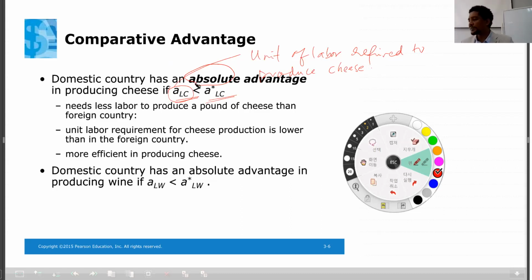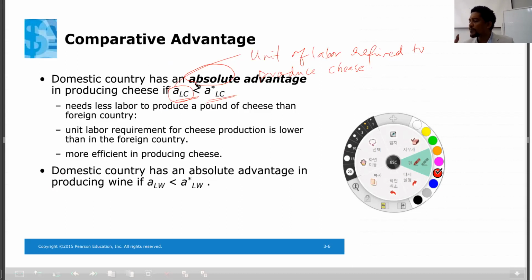So if the unit of labor required to produce cheese in the domestic country is less than the unit of labor required to produce cheese in a foreign country, then we say the domestic country has an absolute advantage. So it needs less labor to produce a pound of cheese than the foreign country. So we are considering just this product.